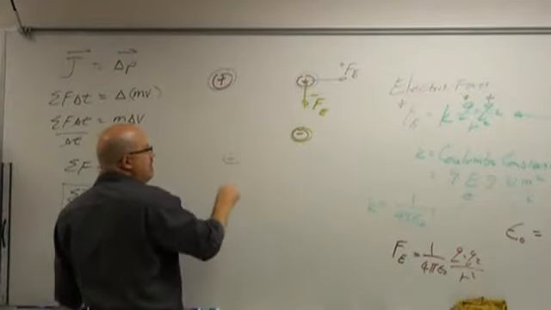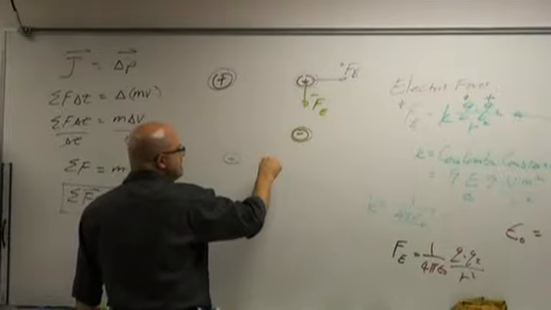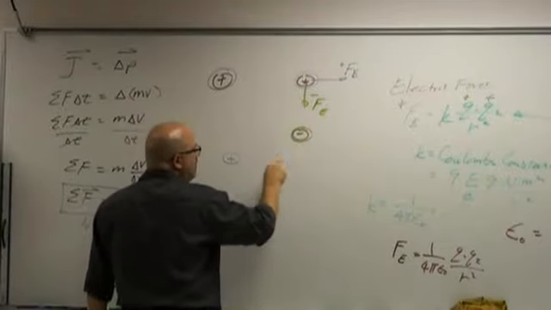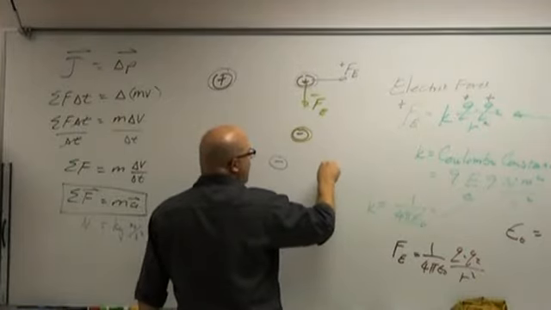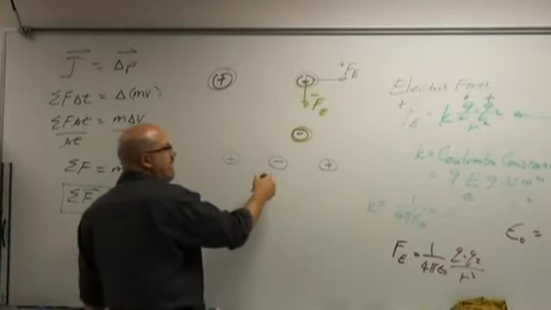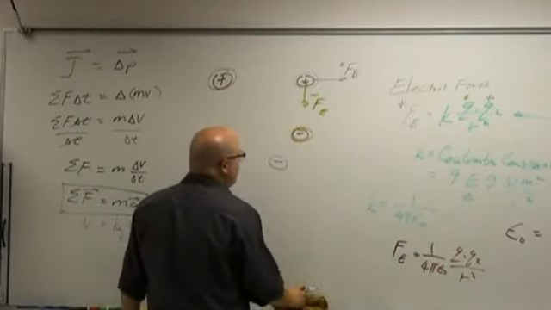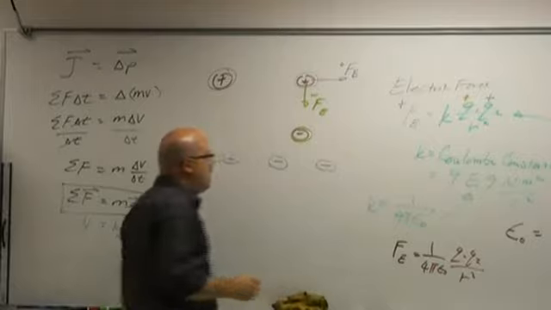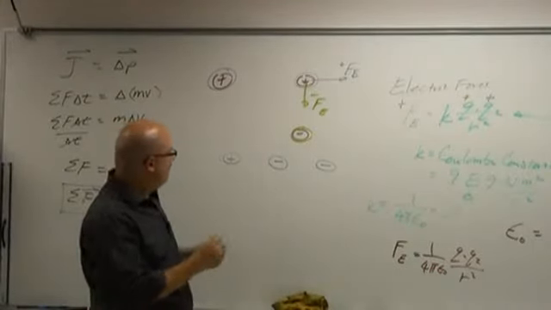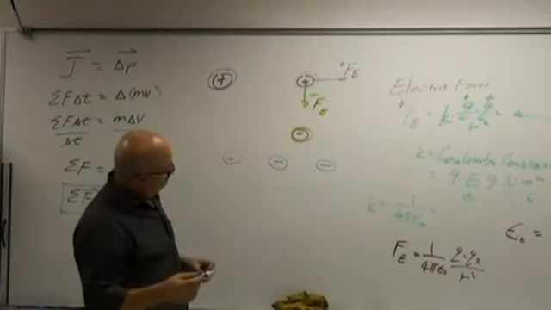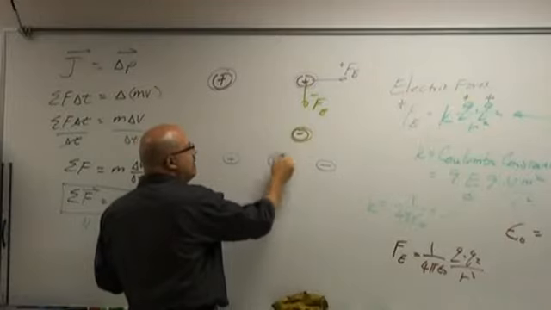What if I put a positive here, and I put a negative here, and I put a positive here, and I want to know what's going to happen. No, let's put another positive, another negative. And I want to know what's going to happen to the blue one again, right here.